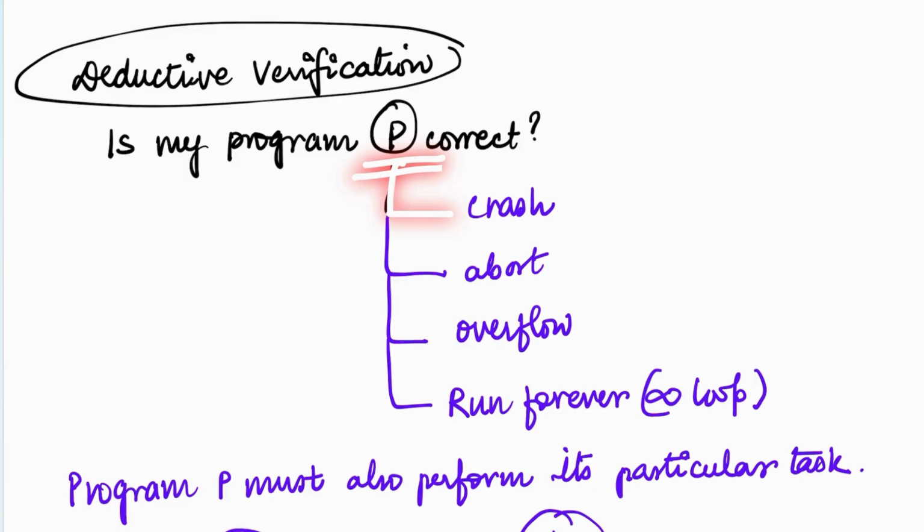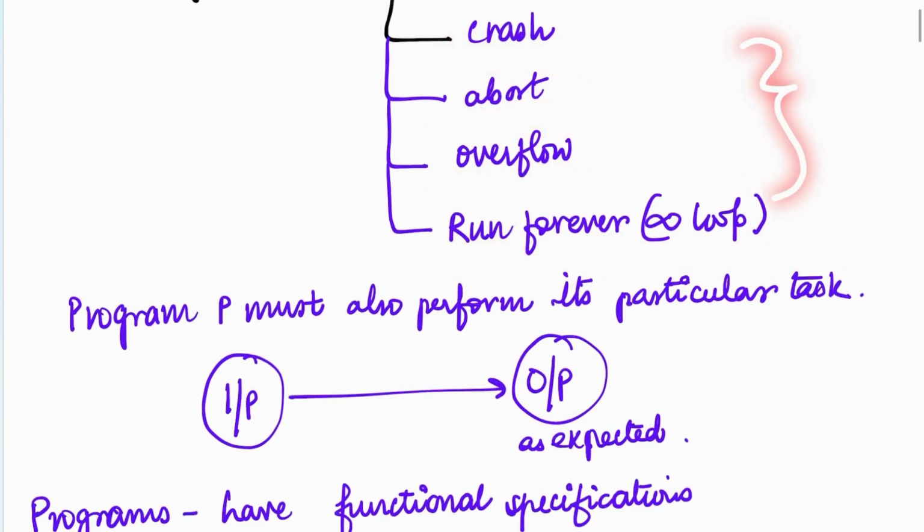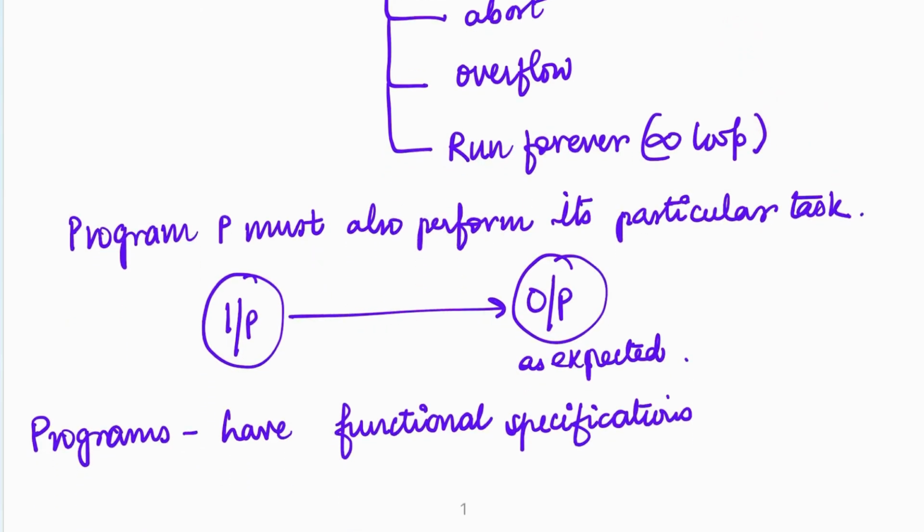And what are the bad things that can happen? Either the program can crash, it can abort, it can overflow, it can run forever in an infinite loop, and anything else can happen to the program. And that is why the whole subject revolves around this question, is my program P correct? Or are the program properties satisfied?